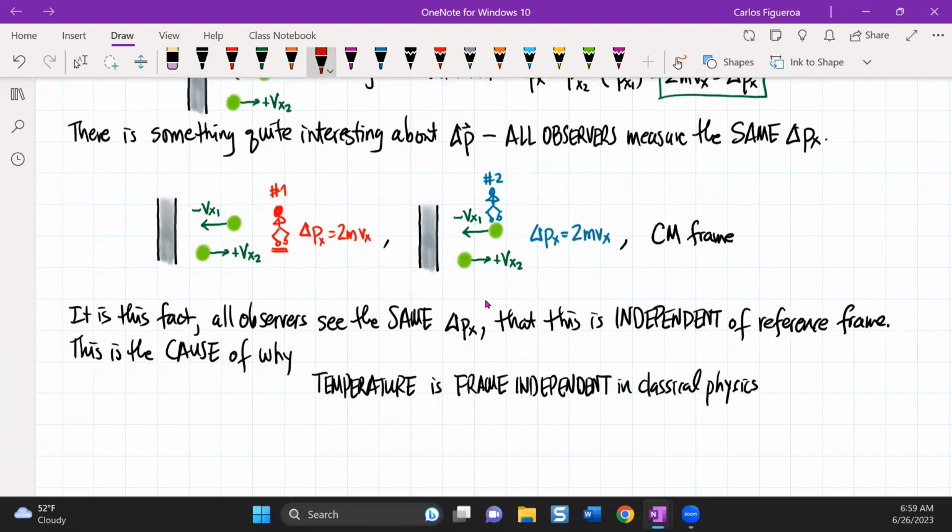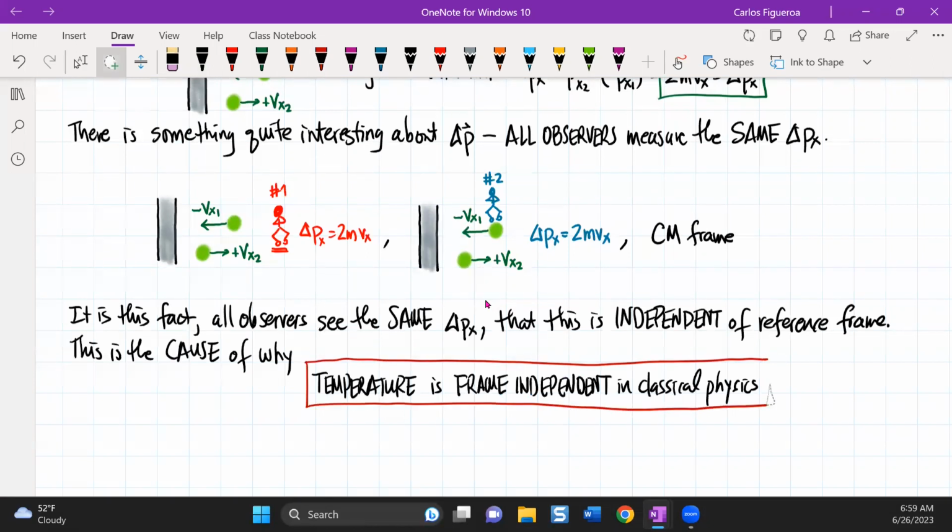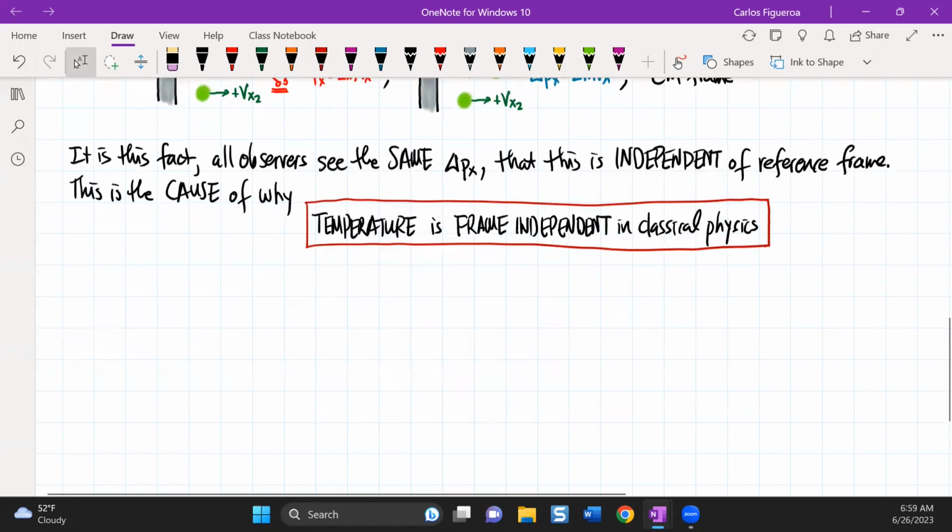That's a pretty big deal, because then all observers always measure the same temperature. Now note, that's not true when you get to relativity. There is a frame dependence that you have to account for. But in classical physics, all observers always measure the same temperature.